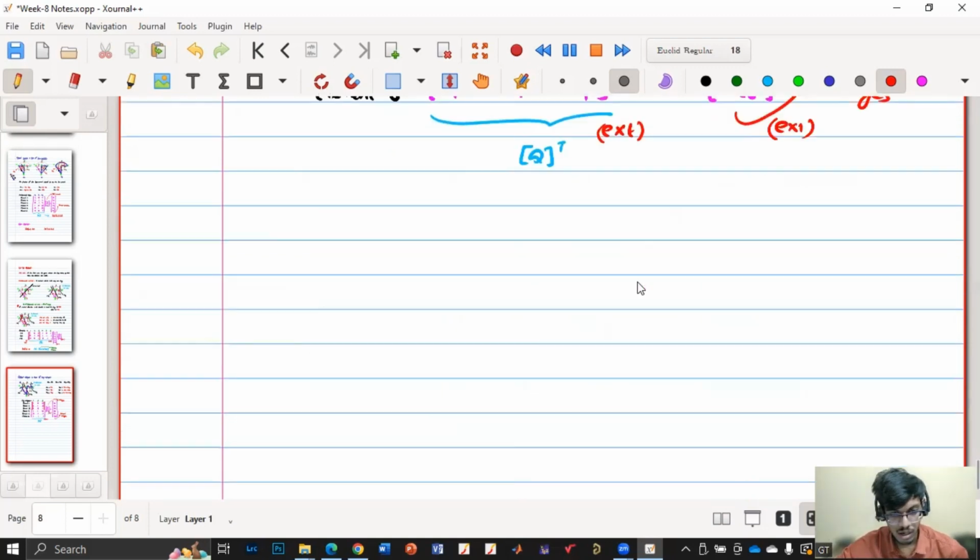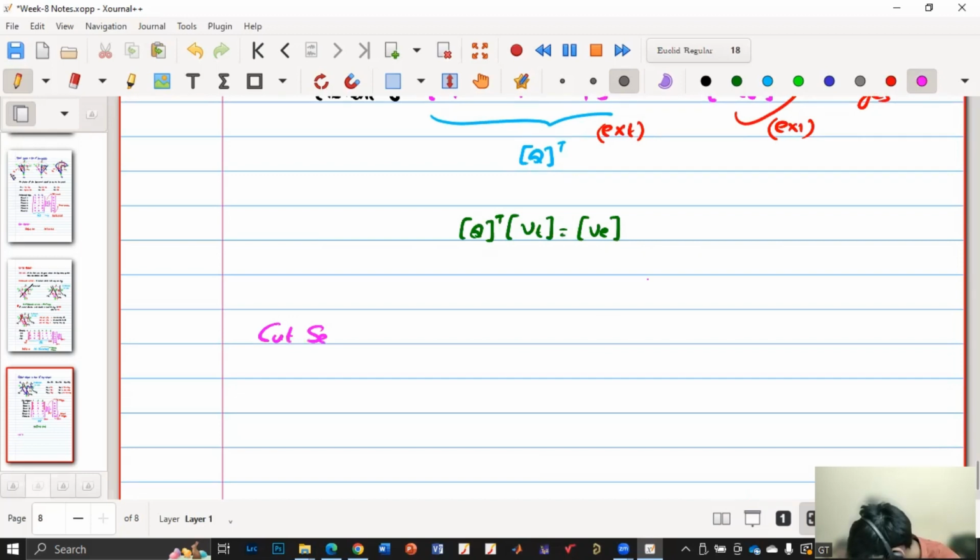So to write the equation, we can write it as Q transpose into the twig voltages is equal to the element voltages. So in order to summarize the cut set method: first thing is we have Q matrix into I is equal to 0.